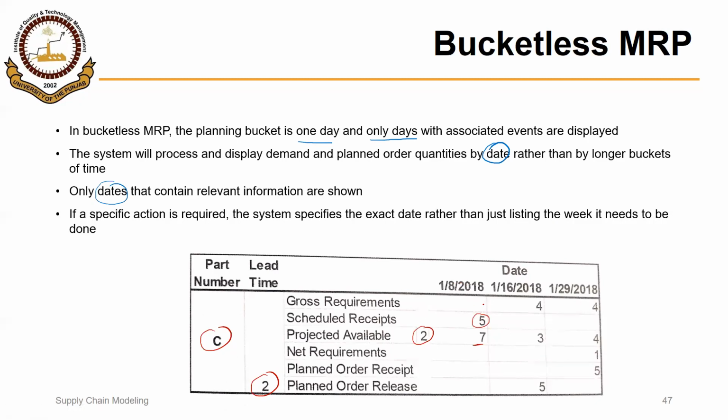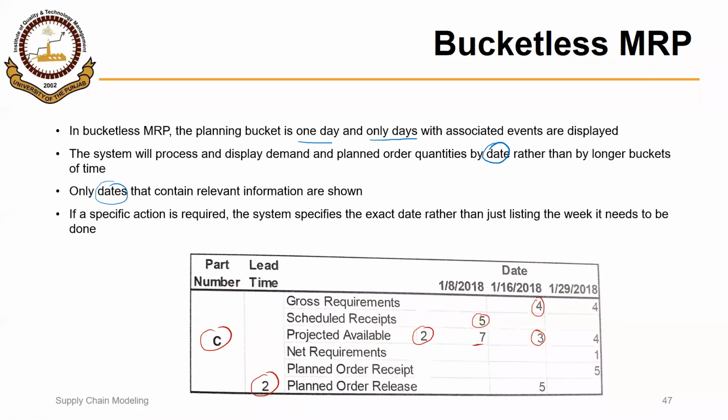There are no gross requirements till 15th of January. On 16th of January, we have gross requirements of 4. We have 7 available, so ending inventory on 16th of January will be 3 items, and we will carry these items for the remaining periods until there is a gross requirement.